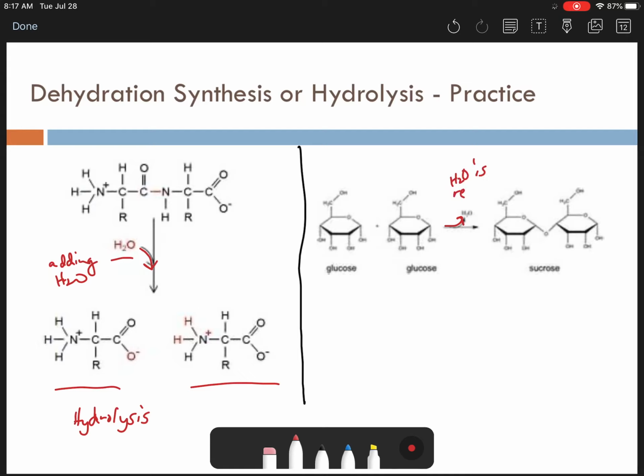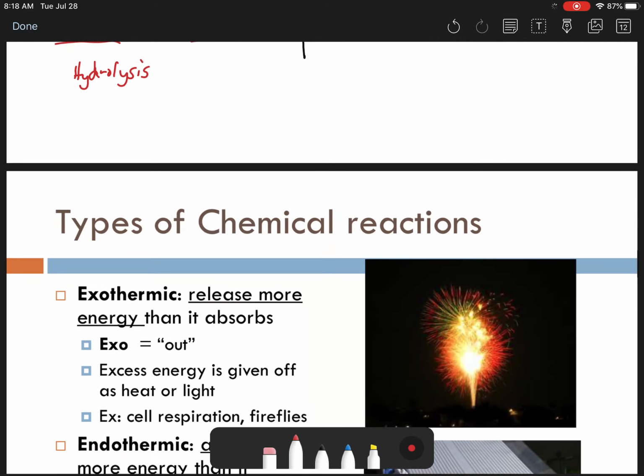So water is released. Okay? So two small molecules being joined together, that's a synthesis reaction, but they're releasing water. So this one would be a dehydration synthesis.